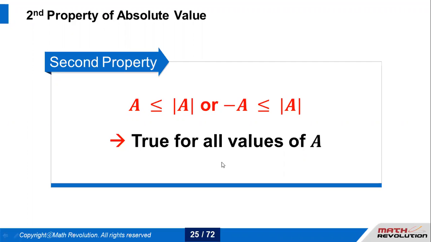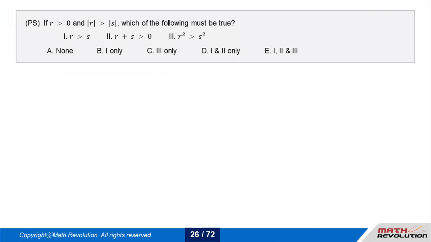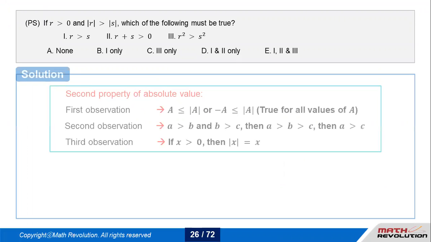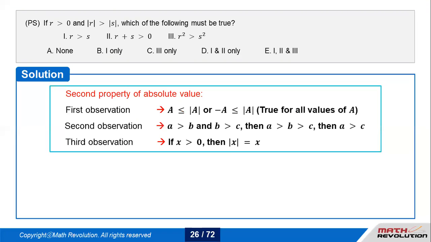Now, this question says if R is greater than 0, that means R is positive. Mod of R is greater than mod of S. That is also said. Then which of the following must be true? It's not could be true. So please pay attention to must and could.